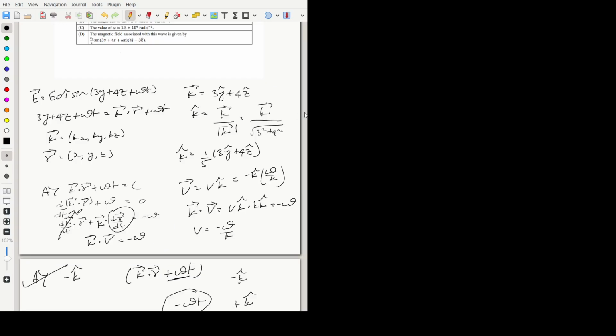I think we should have gone with the expression that I erased, it would have been very simpler. Either way, omega was just c times the magnitude of k.